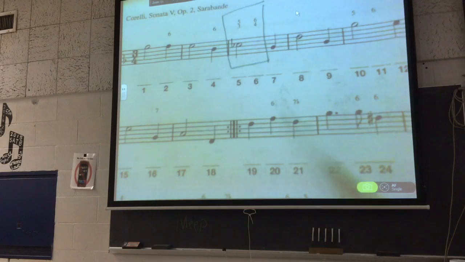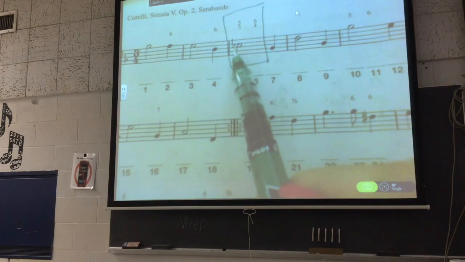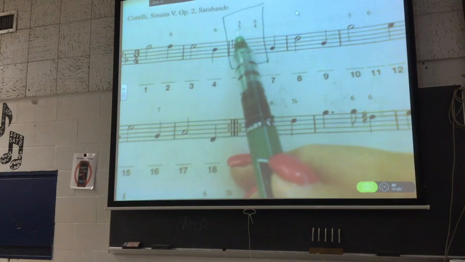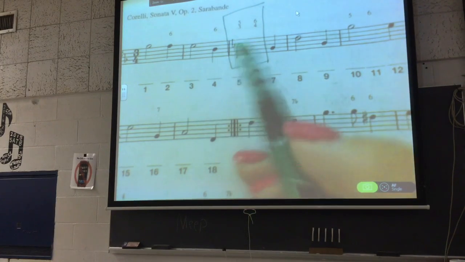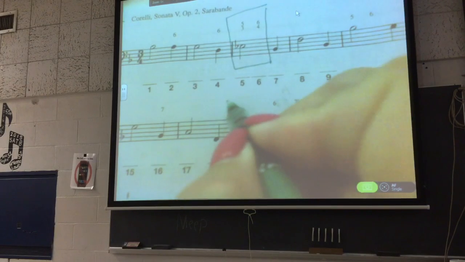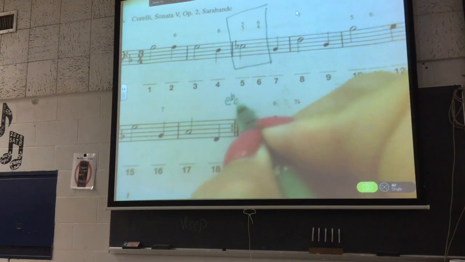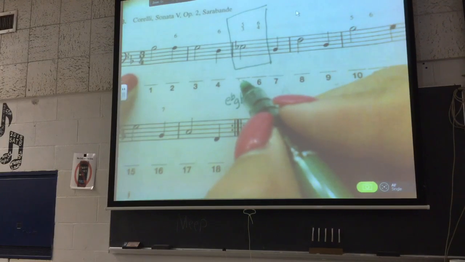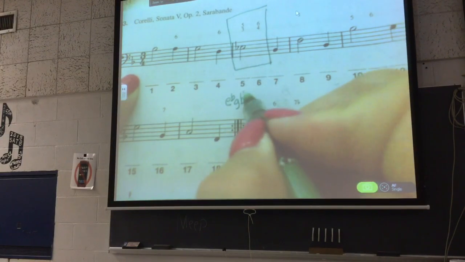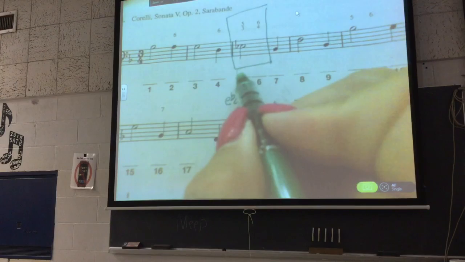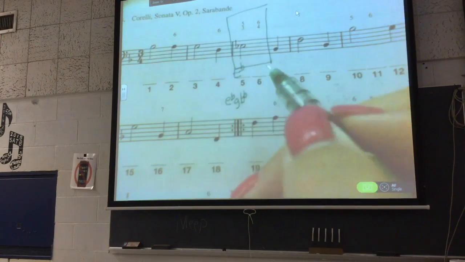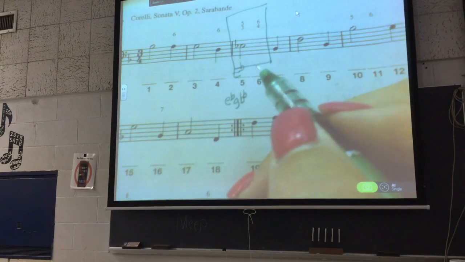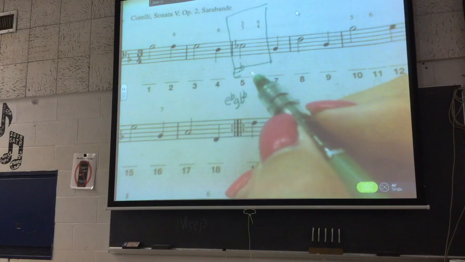So first, they're telling us that this E flat is the root of the chord because 5-3 means root position. Therefore, I'm dealing with an E flat, a G, and a B flat because the key signature indicates that the B will be flat. That means I'm dealing with an E flat major triad. I write that and I'm finished.